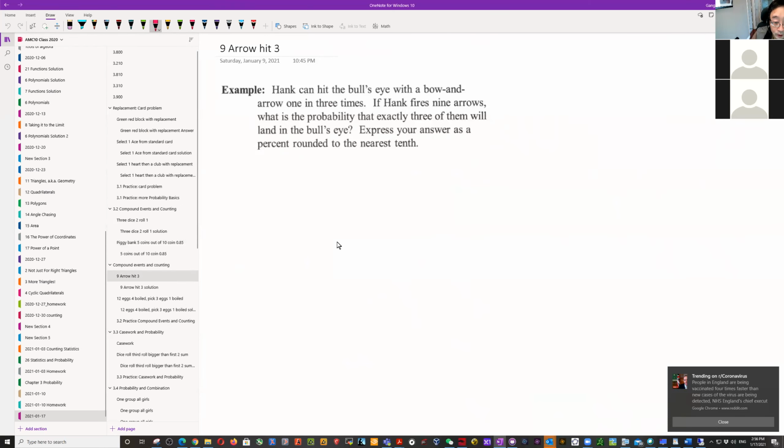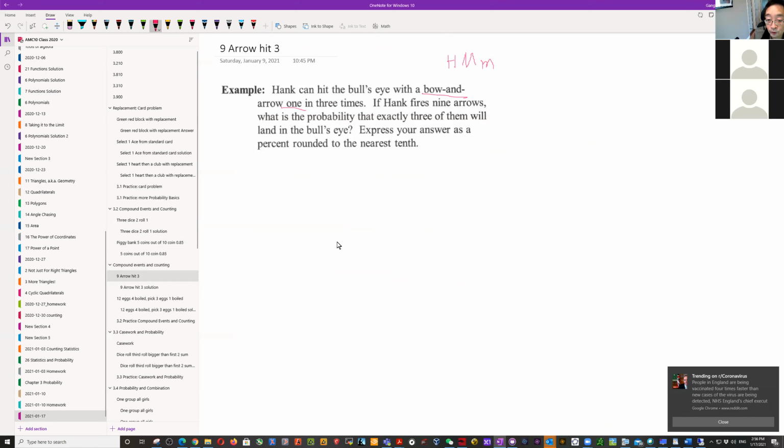So basically, Hank can hit the bullseye with bow and arrow 1 in 3 times. If you really look at it, 1 in 3 times, so basically you have 1 hit. Then you have a miss. And you have a second miss.